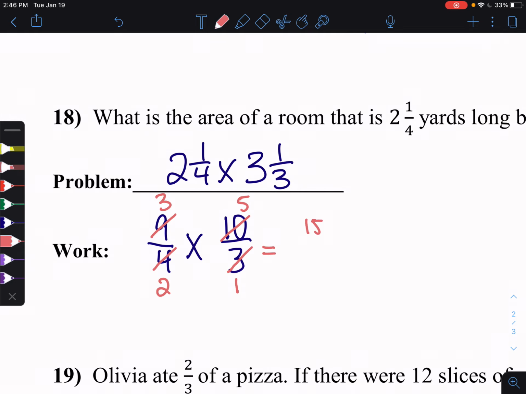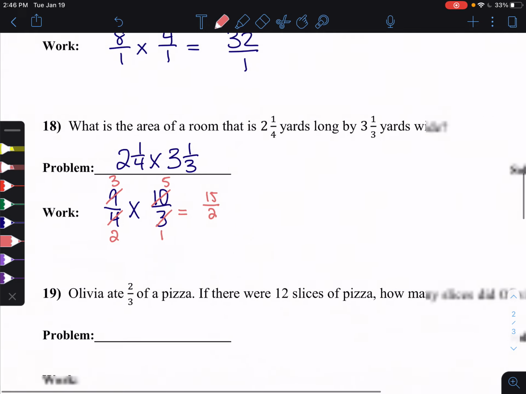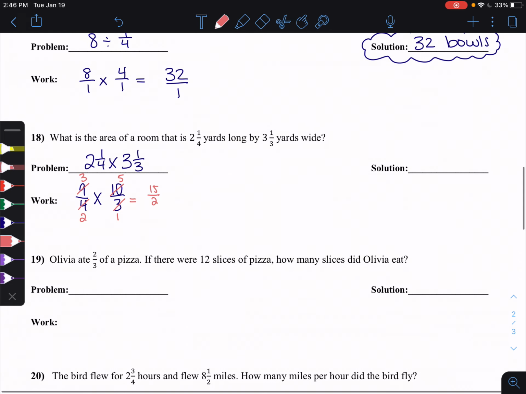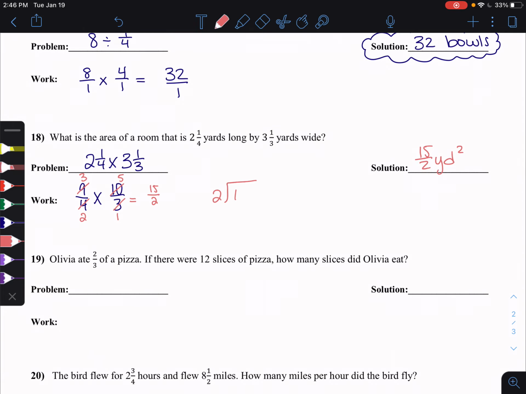So I get 15 over 2. So we can write 15 over 2 yards squared. Or if you like to change it into a mixed number, it's going to be 7 1/2. I will accept both answers.